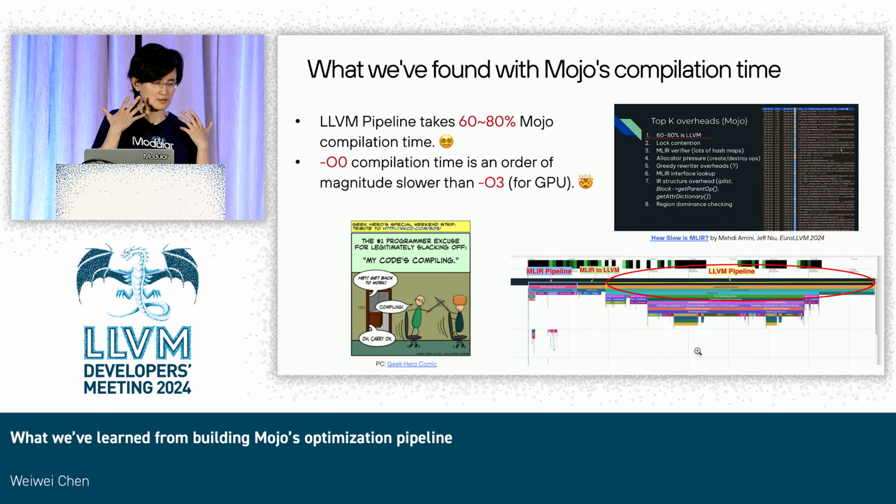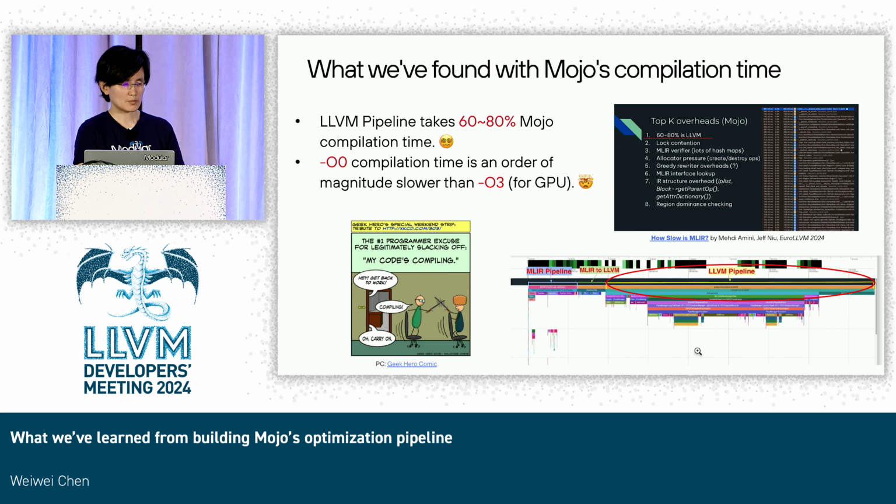We also found that O0 compilation time is an order of magnitude slower than O3, which is a little bit counterintuitive because at O0 we are running way fewer optimizations. It's supposed to generate less performant code. But now we're taking longer and generating worse code.